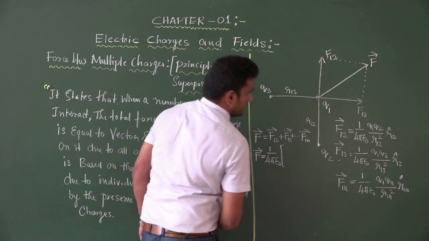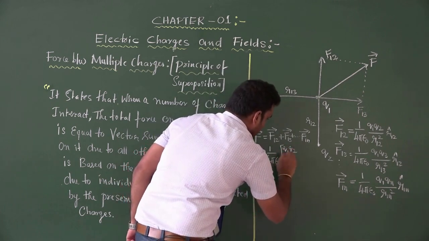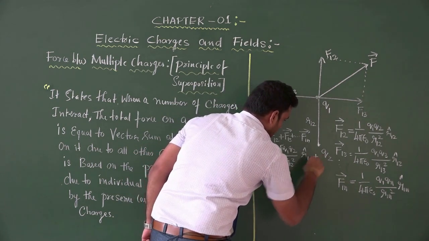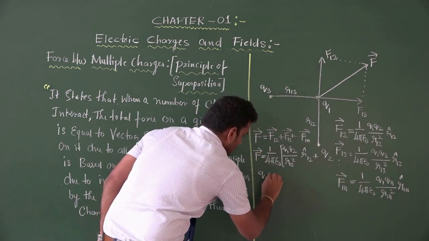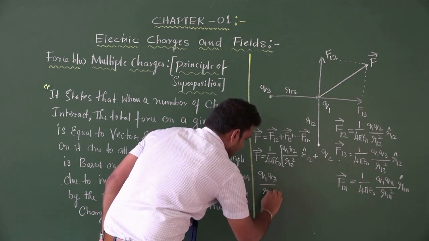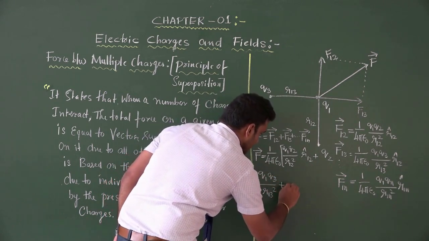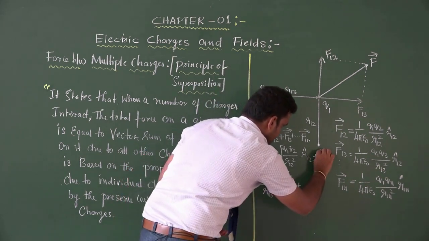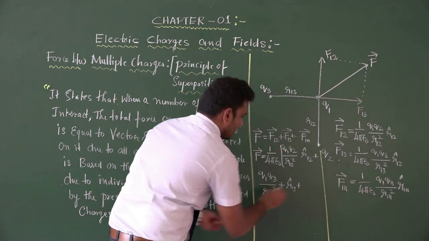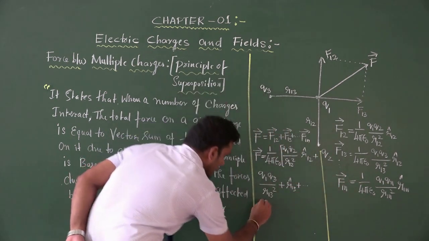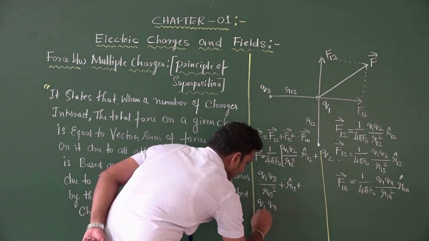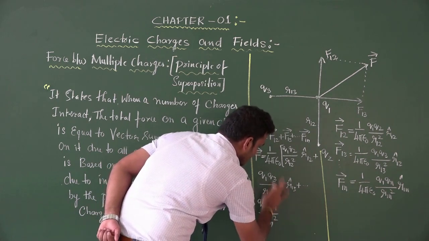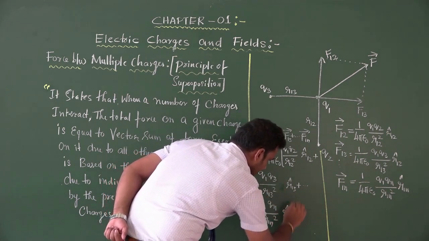The remaining thing: Q1 Q2 divided by R12 whole square R cap 12, plus Q1 Q3 divided by R13 whole square R cap 13, plus dot dot dot, Qn, we are supposed to write Q1 Qn divided by R1n whole square, here plus won't come, R cap 1n.